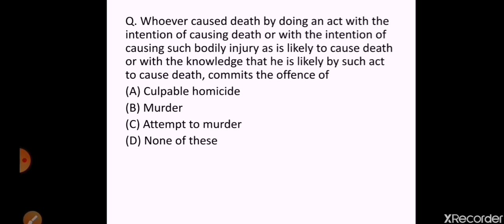I know many of you have got the right answer. The options are A. Culpable homicide, B. Murder, C. Attempt to murder, D. None of these. The correct answer is option A, culpable homicide, and this was asked in the Gujarat preliminary examination in November 2019. So you can see that these are questions from various states, and topic wise.